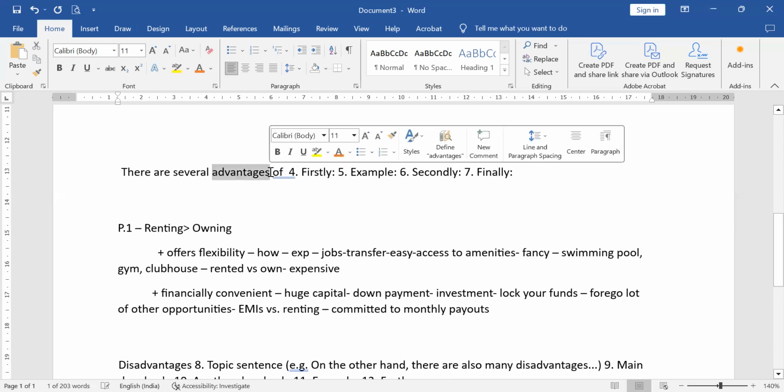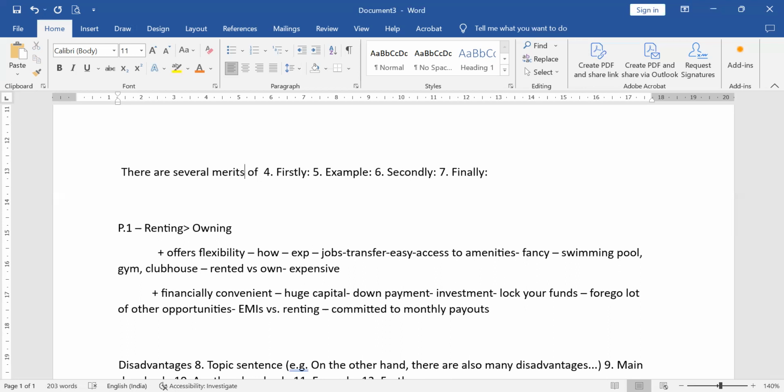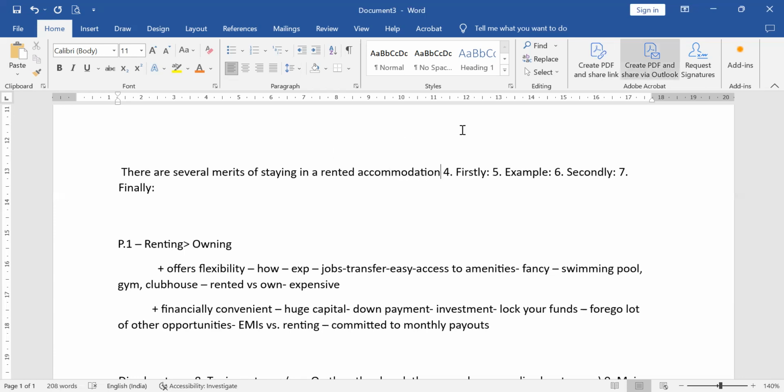So what should I write? I've already written benefits. Third word, merit. Merits and demerits of staying in a rented property or accommodation. I don't want to use property n number of times. There are several merits of staying in a rental accommodation.